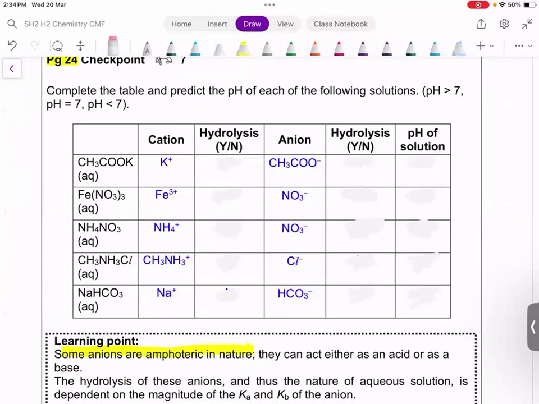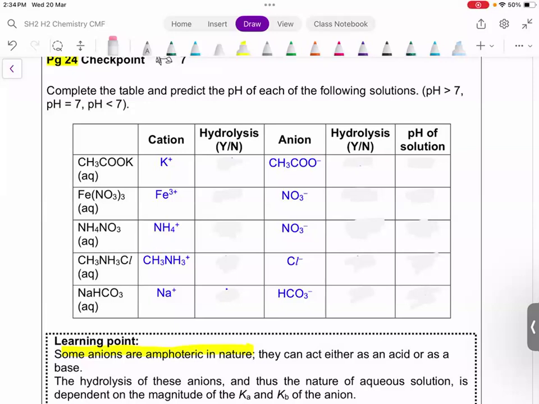If you have difficulty identifying the cation and anion, please clear it with your neighbor first. If your neighbor cannot help you, clear with me. You must know how to see the cation and anion. Then try to work backwards to identify the parents and their strengths. Can I leave it to you to do this as homework? Because now it's CCE.